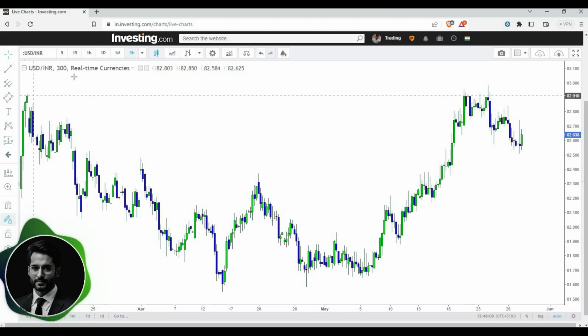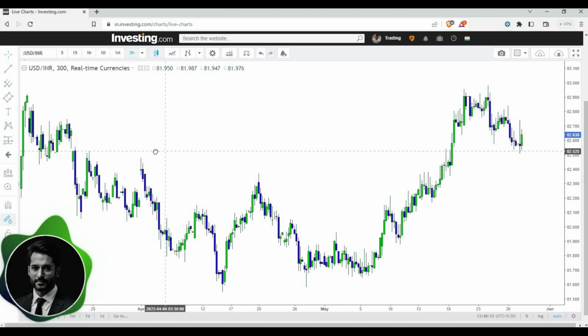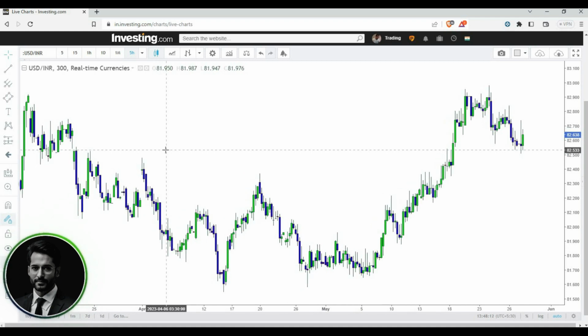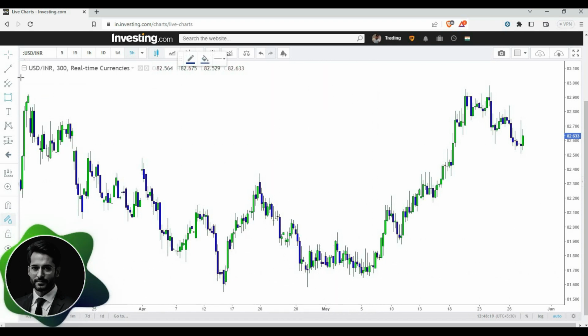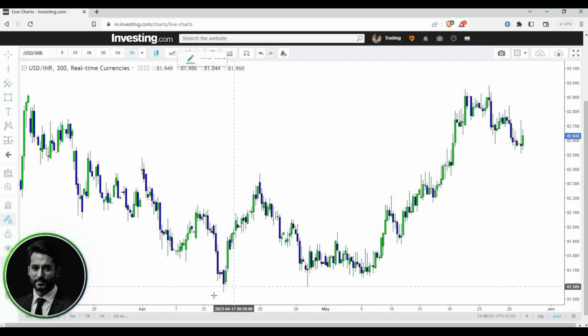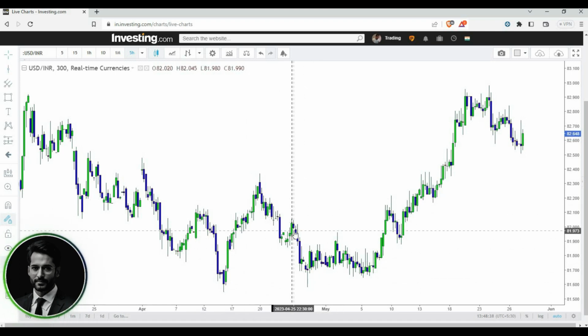Well, right now, as I said, I'm looking at the USDINR 5-hour chart. If you look at this particular chart, I want you to focus on the price action exactly over here. Let me mark this. Focus on the price action exactly from this particular point, from where I have just marked the vertical line.